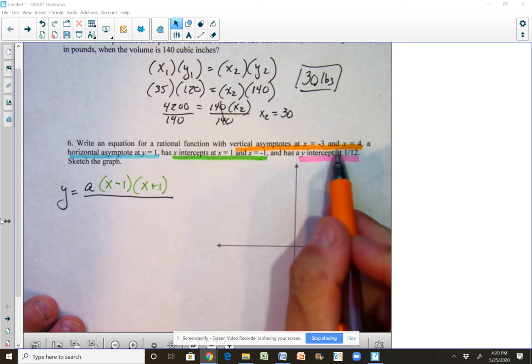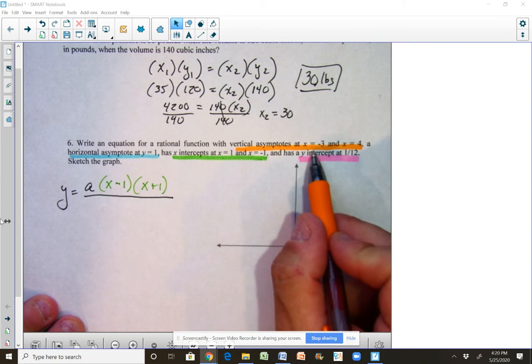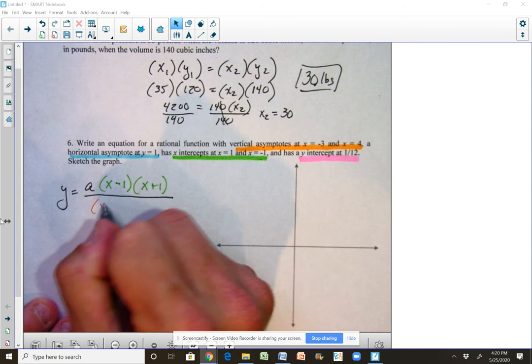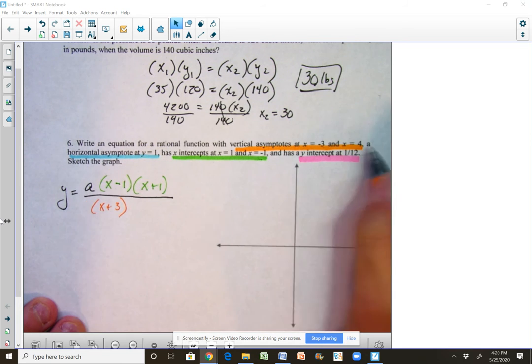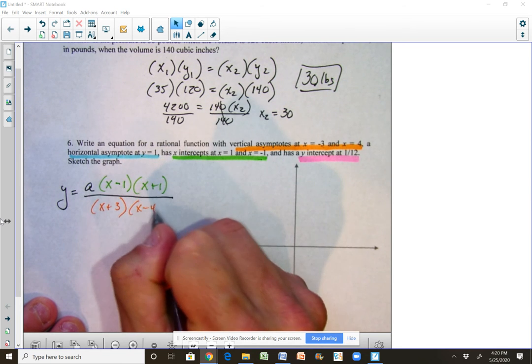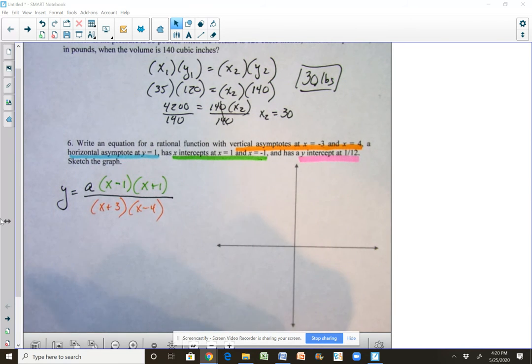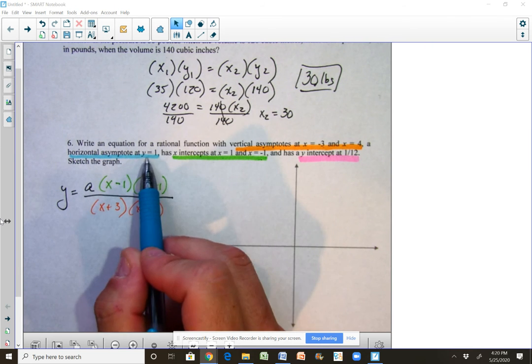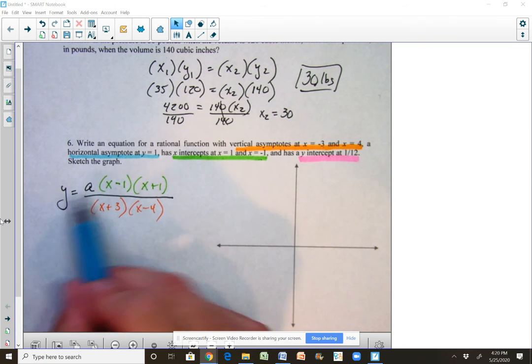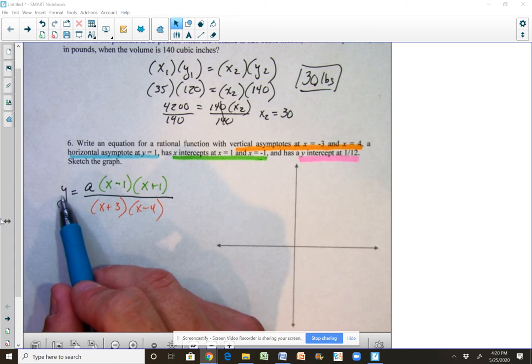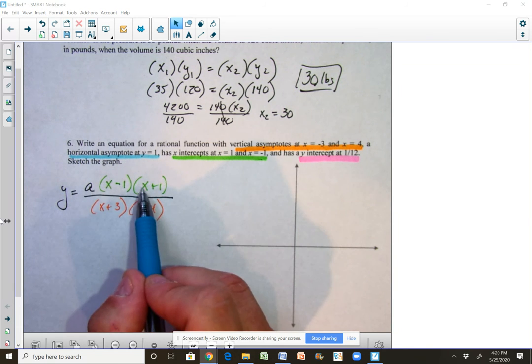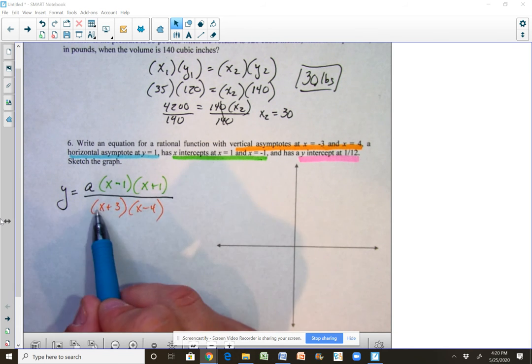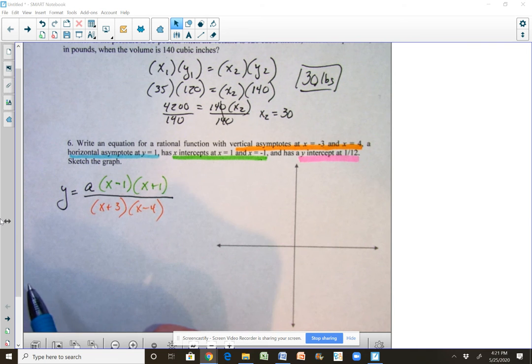The vertical asymptotes are my denominator factors. So this has 1 at x equals -3, which means x plus 3 is going to be a factor, and 4, so x minus 4 is a factor. Okay, so now we have some other information here. It's got a horizontal asymptote of 1. So when I take the leading term over the leading term, y equals a times x times x, that's ax squared, over x times x, that's going to be x squared.